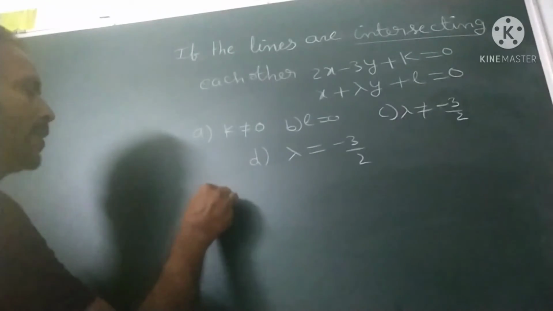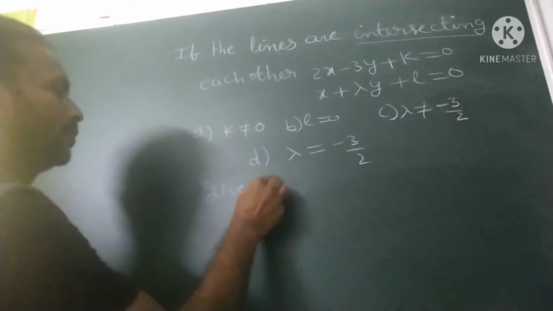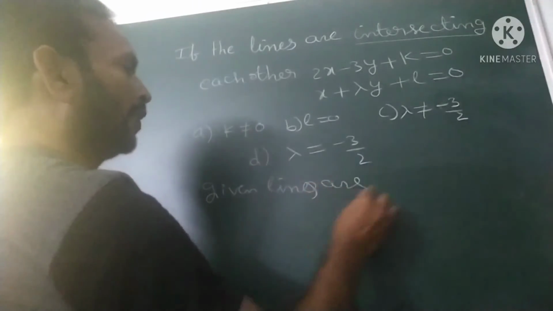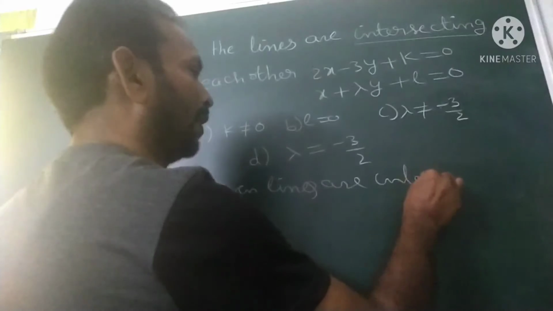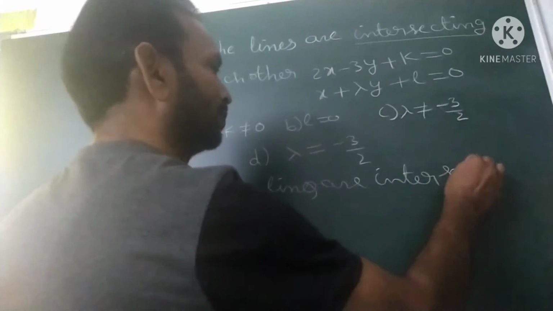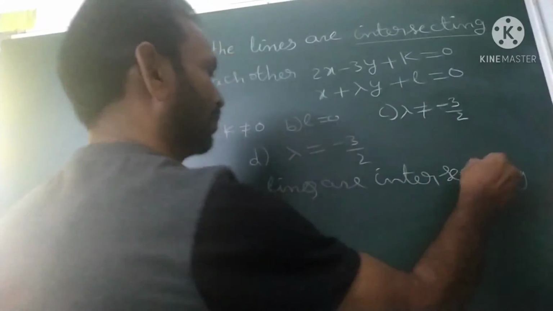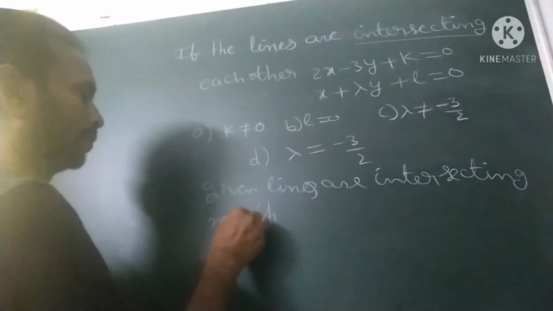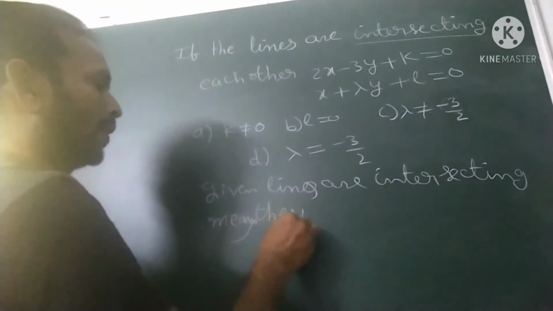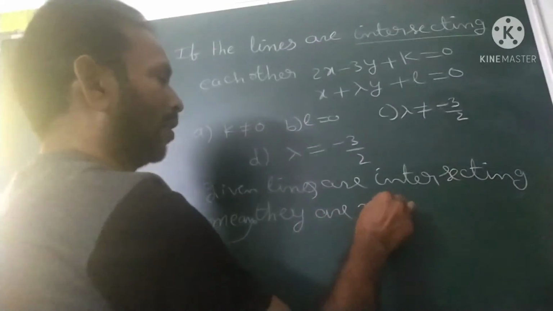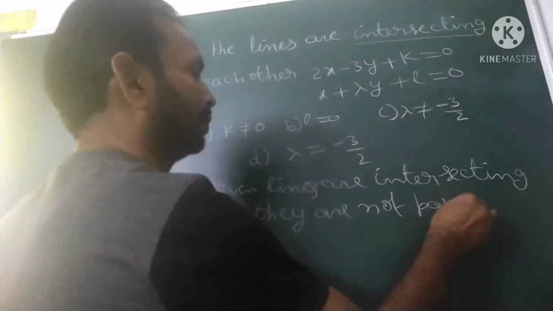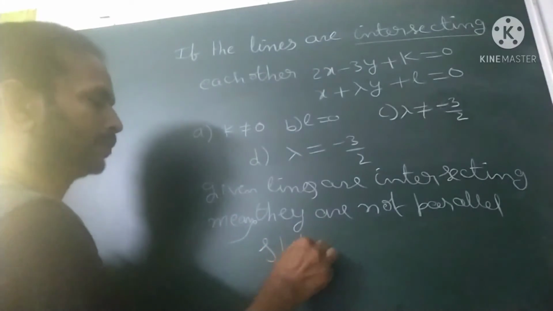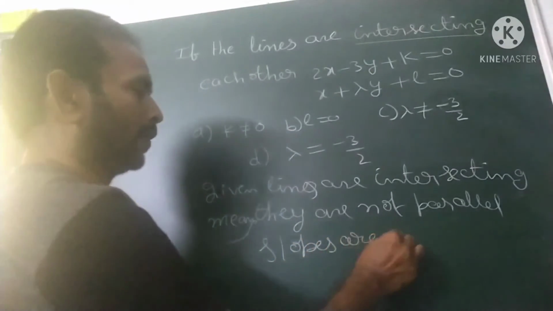So the given lines are intersecting, which means they are not parallel, so slopes are not equal.